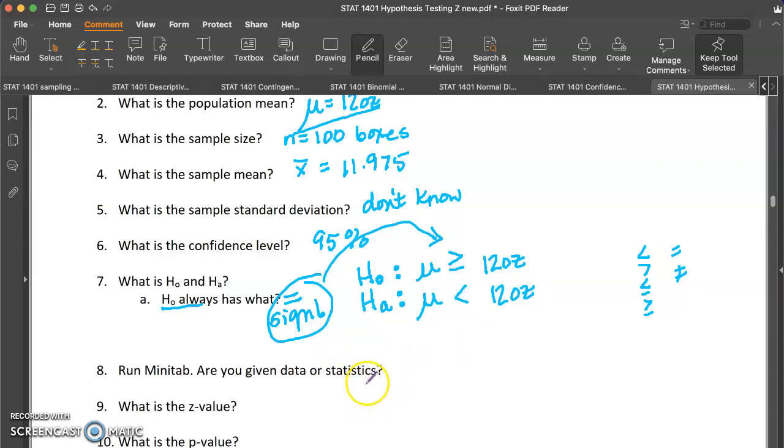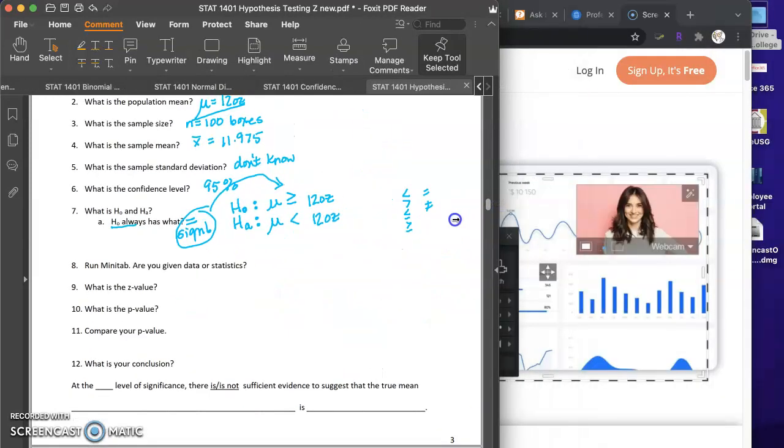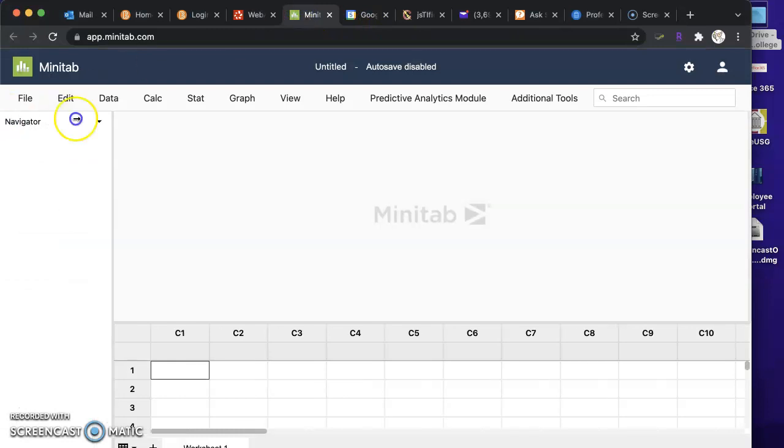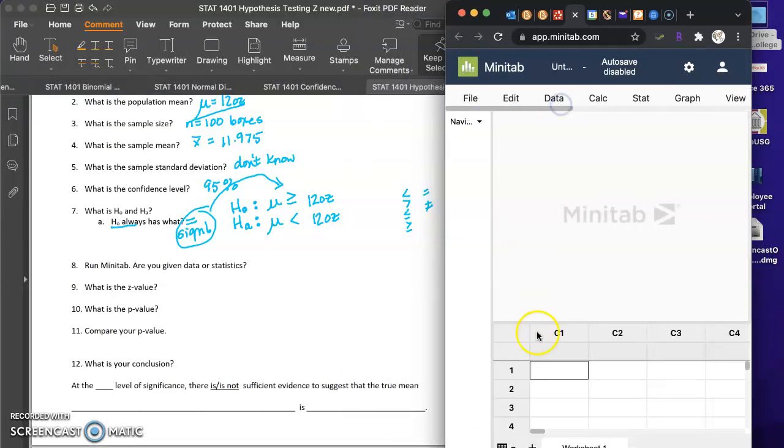Okay, now we are going to run Minitab. So I'm going to pull open Minitab. All right, hopefully you have these numbers in front of you, and I kind of don't, so I might have to go back and forth. So I am going to open up my Minitab, and that's at app.minitab.com.